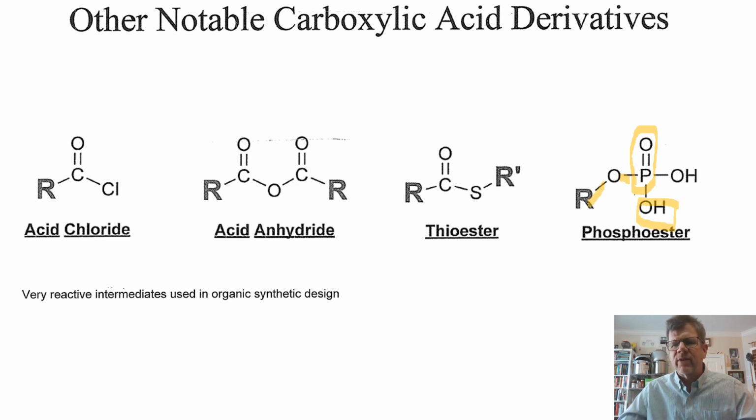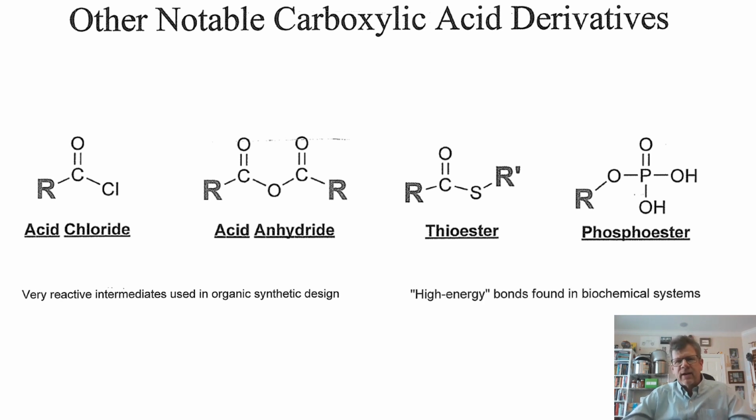Some of these, we have some hydroxyls kicking off to the side on a phosphoester, very specific type of structure, but really the question only is, could you pick these out of a lineup? The thioester and the phosphoester types of structure are high energy bonds found in biochemical systems. We'll talk about what that term high energy means when we look into these a little deeper in the biochemistry portion, but we're not quite there yet.